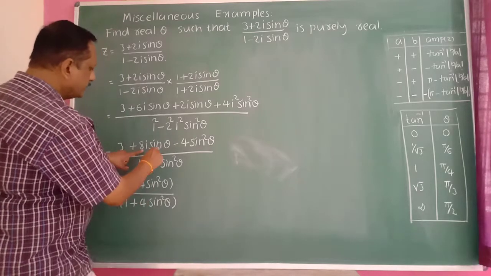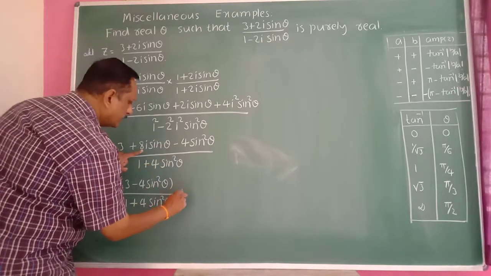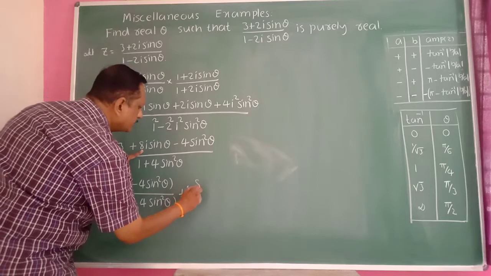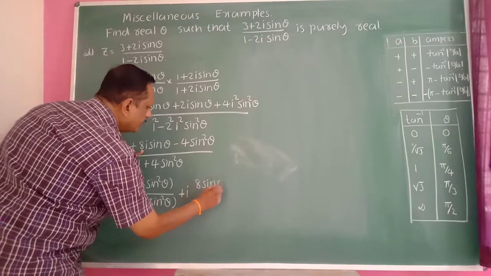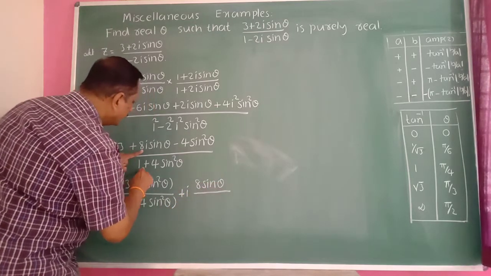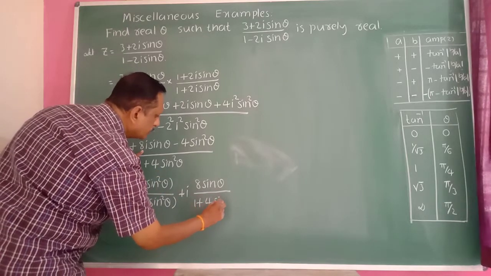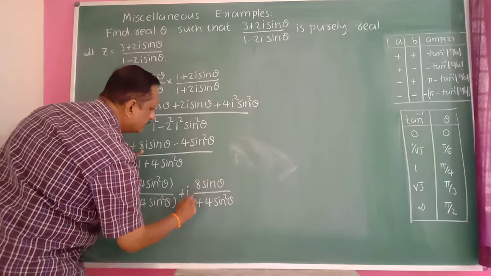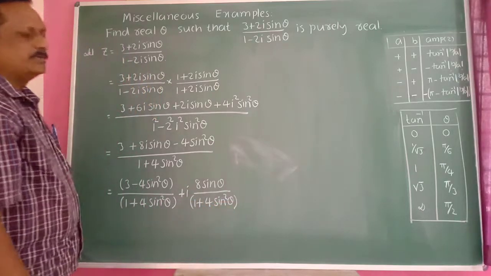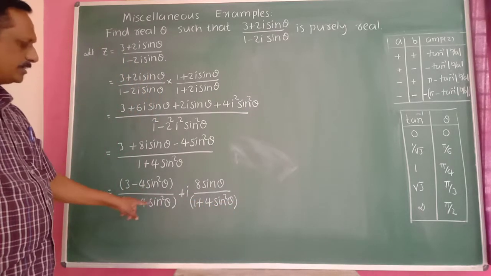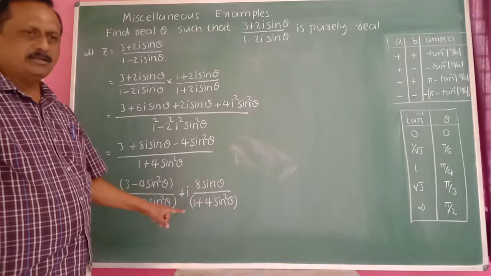Then 8i sin theta divided by this one. So write here i into 8 sin theta divided by 1 plus 4 sin square theta. So this is the imaginary part. This is completely real part and this is completely imaginary part.